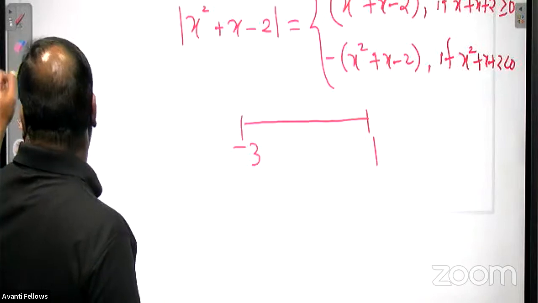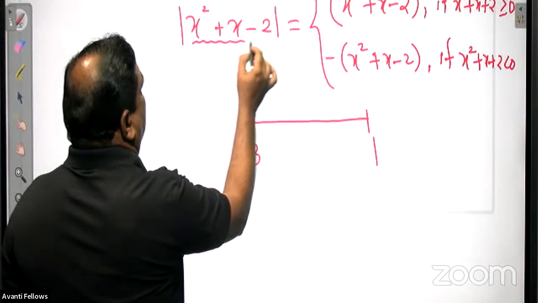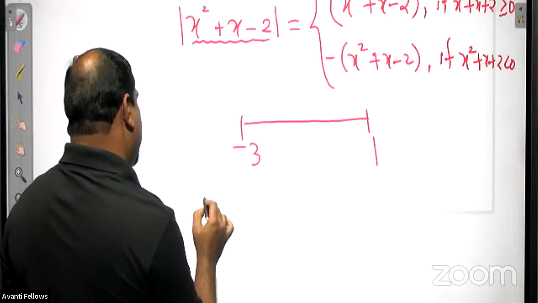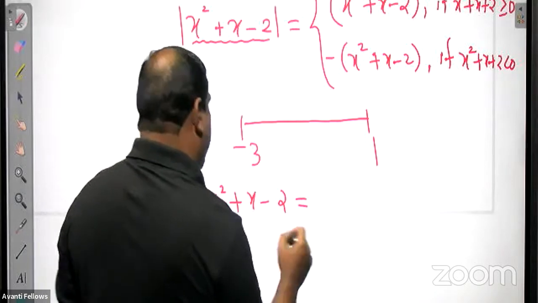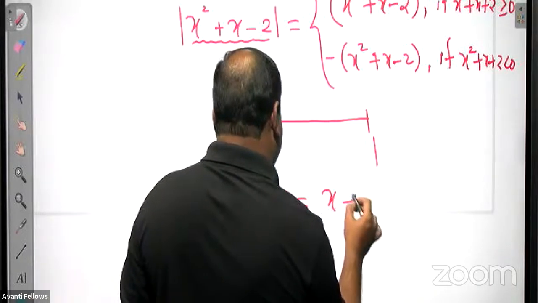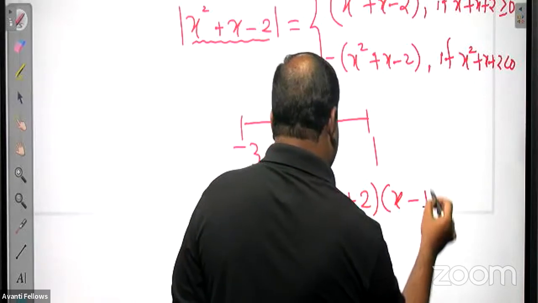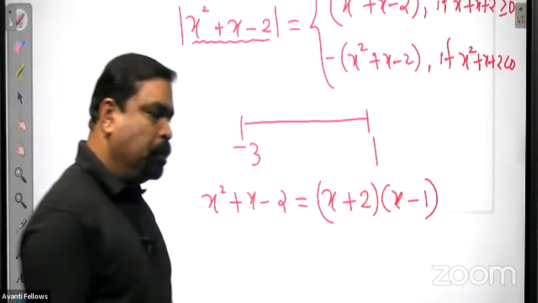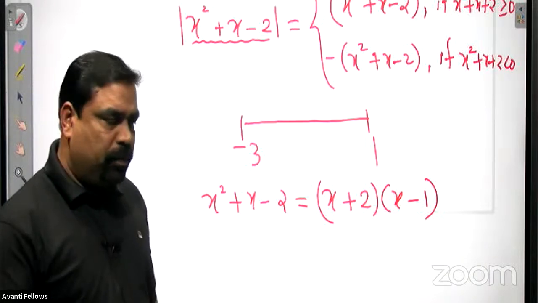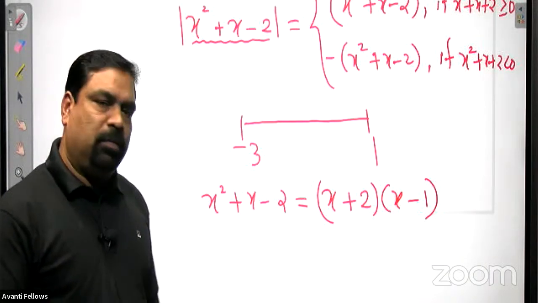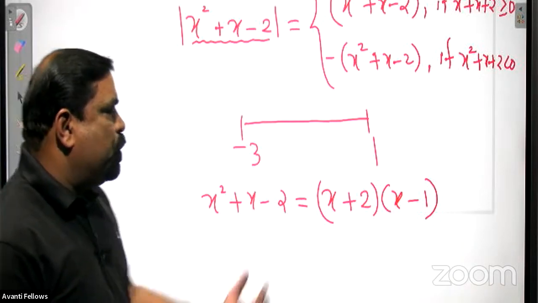For that, we just factorize x square plus x minus 2. It can be factorized very easily: this is equal to x plus 2 into x minus 1. Everything depends upon these two factors.